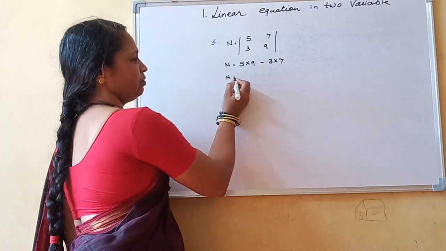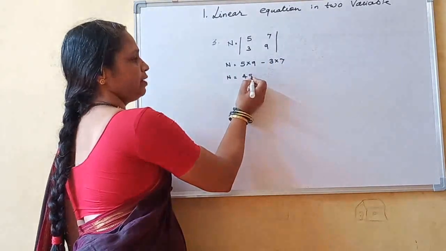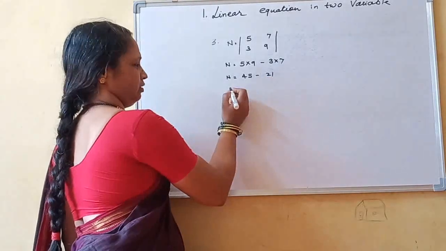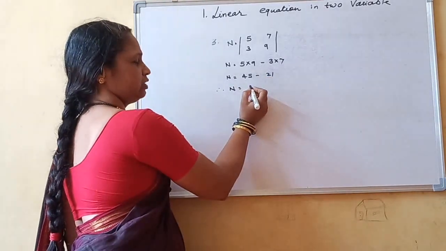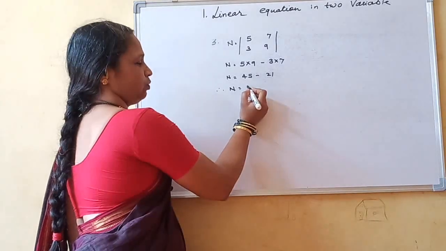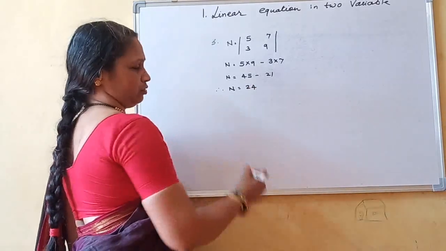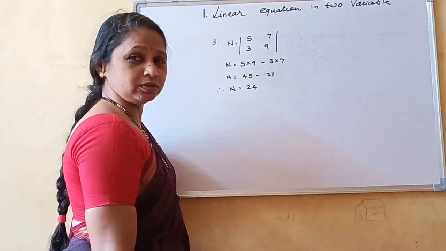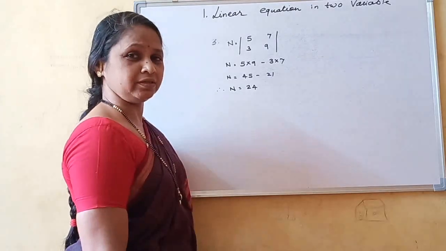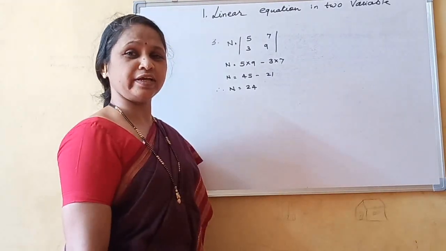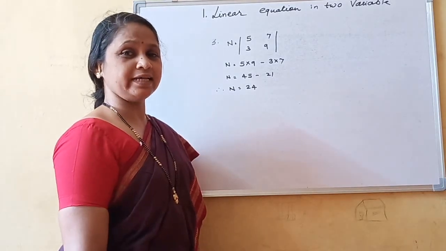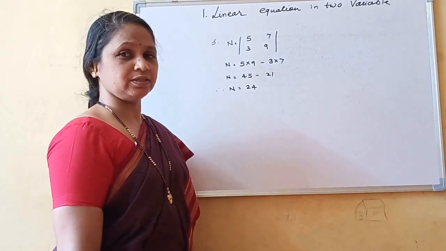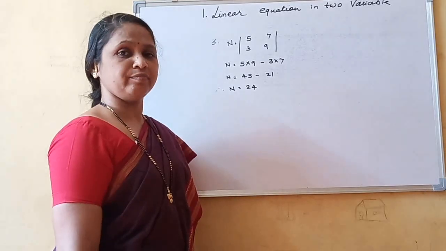So n will be equal to 45 minus 21. So therefore the value of determinant n is equal to 24. Okay. Now using determinant method, simultaneous equations can be solved in an easy way and in less space. So this method is known as determinant method.